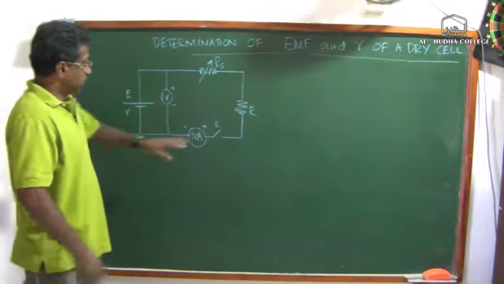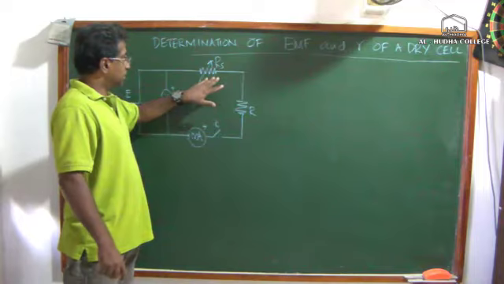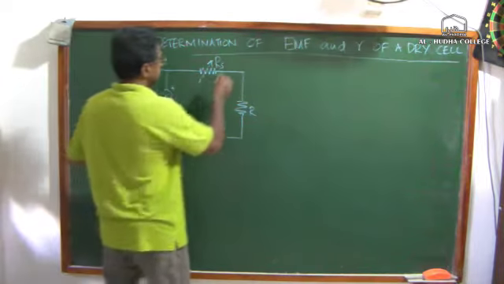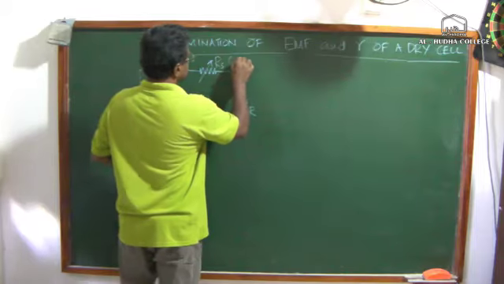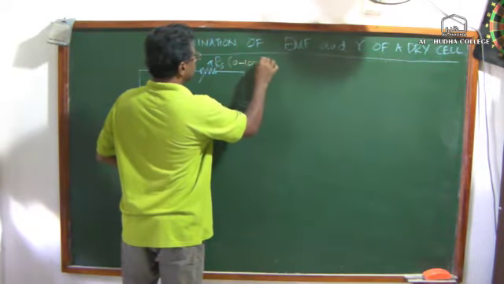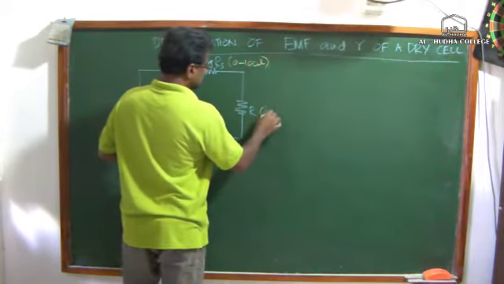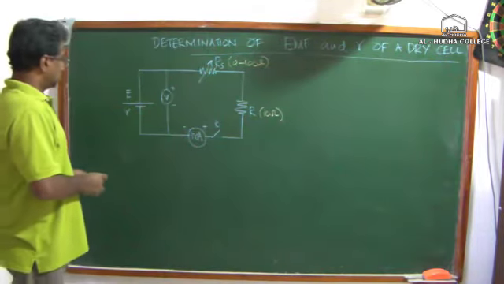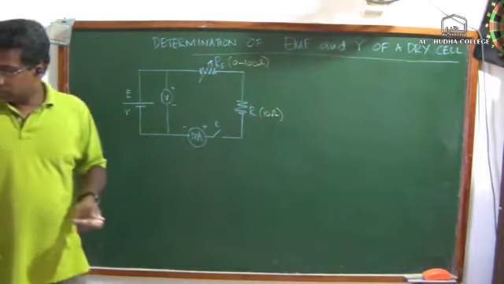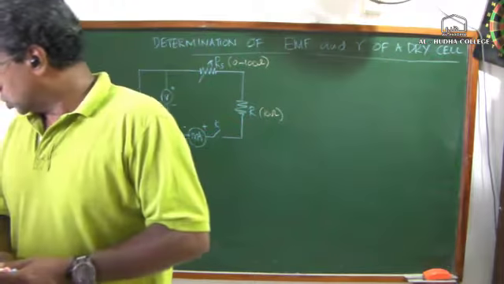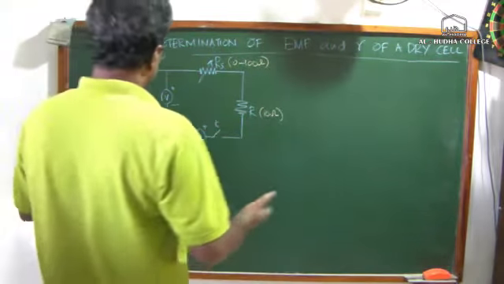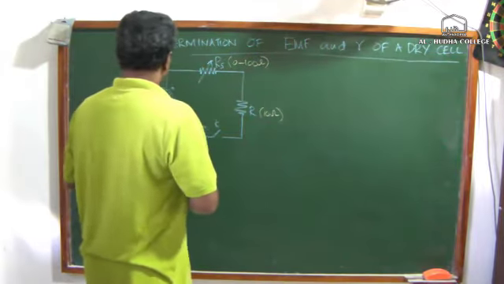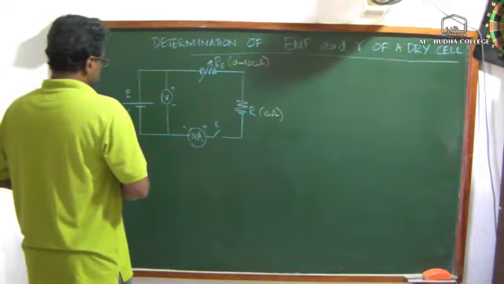Then we have a fixed resistance and a variable resistance. The variable resistance is given as 0 to 100 ohm in your book, and this is 10 ohm. And the EMF, since it's a dry cell, can be 1.5 volts or 3 volts or whatever.